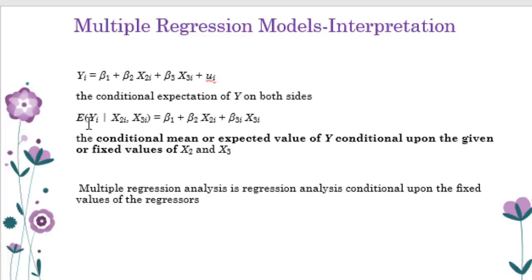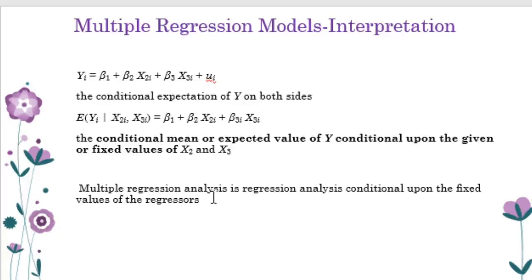See, conditional expected value of y given x2i, x3i equals beta 1 plus beta 2 x2i plus beta 3 x3i. That is, the conditional mean or the expected value of y conditional upon the given or fixed values of x2i and x3i. Here there will be more than one independent variable.